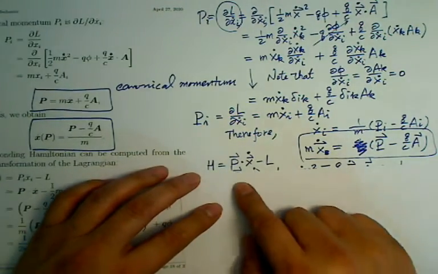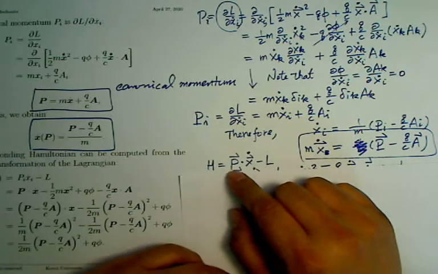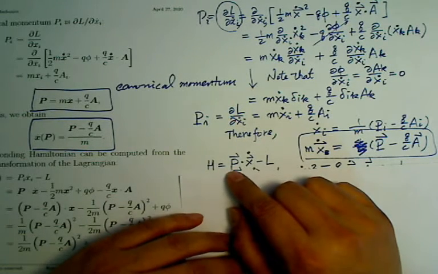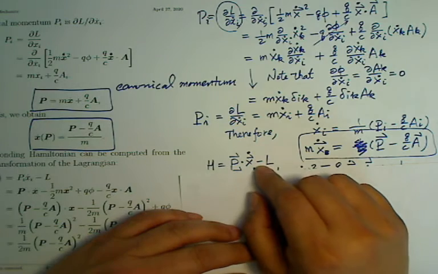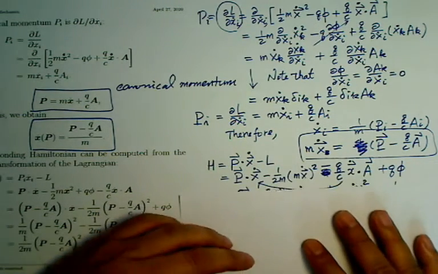The Hamiltonian can be found by taking the scalar product of the canonical momentum with the velocity, subtracted by the Lagrangian, right?